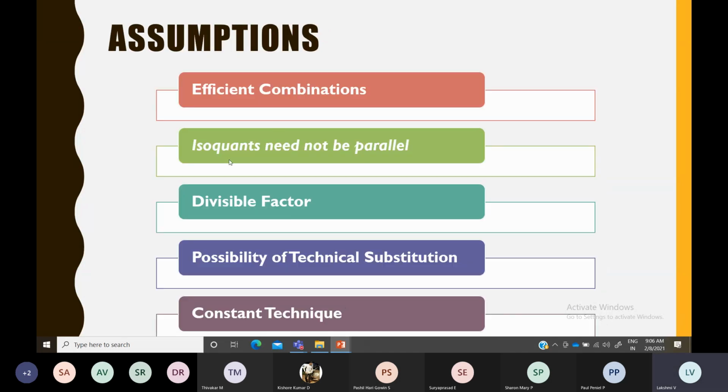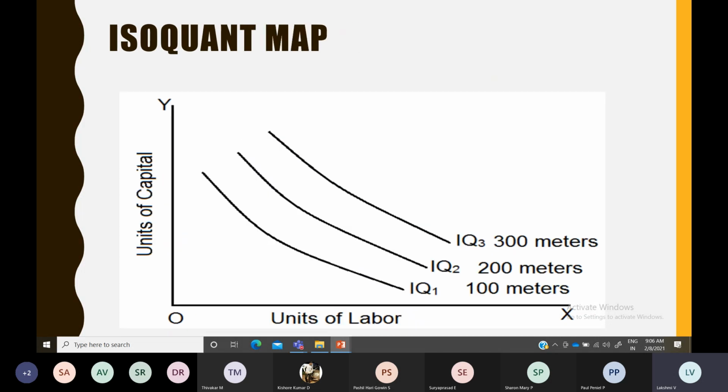The assumption is that only two factors are utilized here. There are two products. In the normal sense, you won't consume only two goods, and here also, if you utilize only two factors in your production, you cannot really produce the output. But here it has to be taken that only labor and capital are utilized in your business.